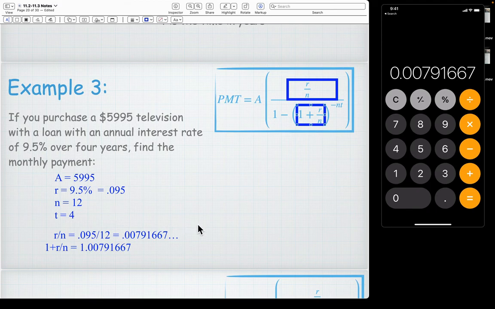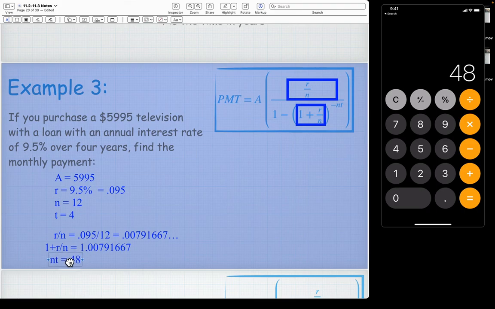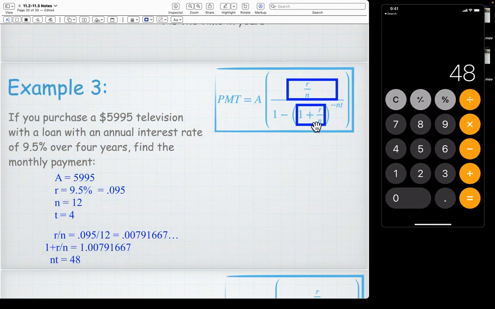I should be able to do that, but I'm really tired. So 12 times 4 is 48. So nt is 48. So there's a couple more pieces. So now we've done this much. And now I'm going to do the parentheses, the 1 plus r over n raised to the negative 48, and see what that is.